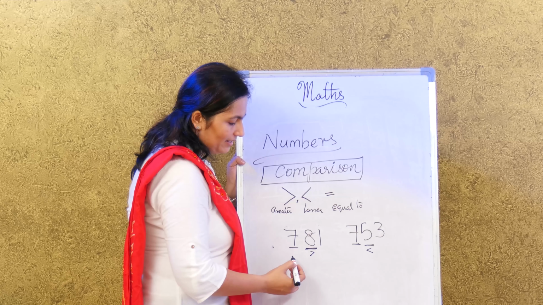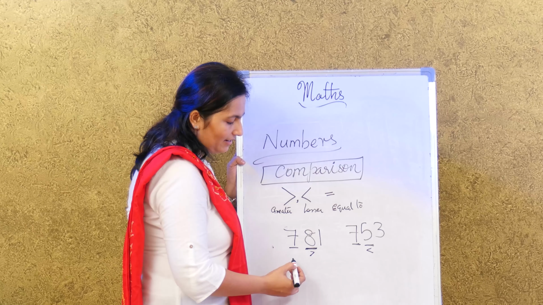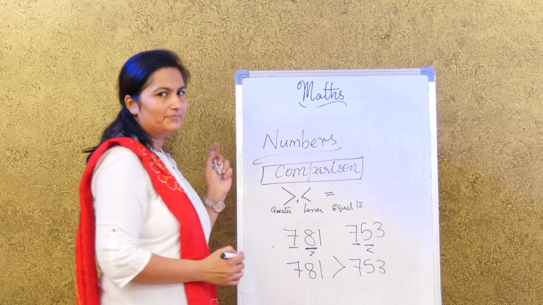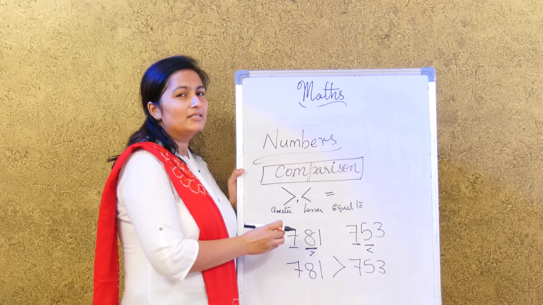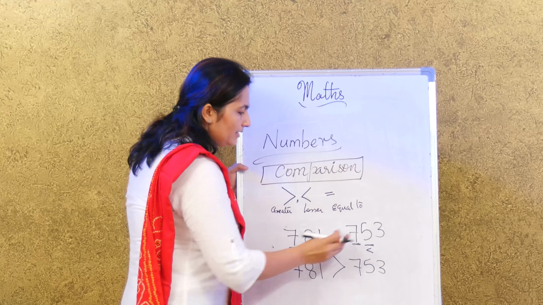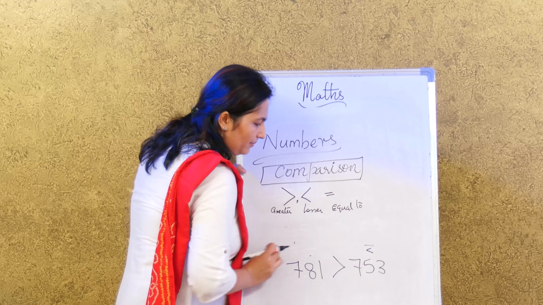And then we get the answer, 781 is greater than 753. So why did we learn this? Because suppose you suddenly see two 3-digit numbers, then how do you find out which is greater? Okay, that is why we just took this example.